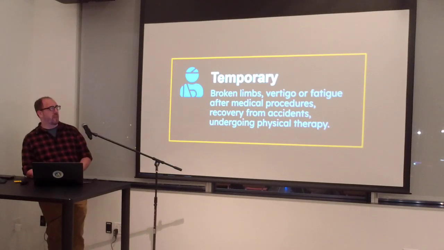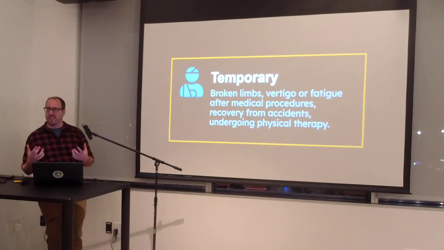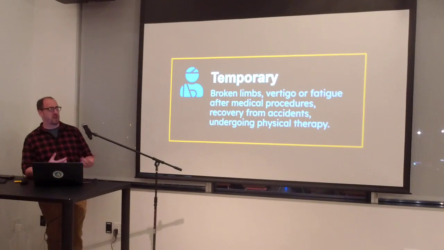Some of the examples I've been thinking of are if you've had a broken limb, or experienced vertigo after getting an eye exam. If you're trying to get an Uber home, trying to use your phone when your eyes are dilated, you would benefit from accessibility in that situation. So this is an area where we can all, at least first or second hand, empathize with temporary impairments.